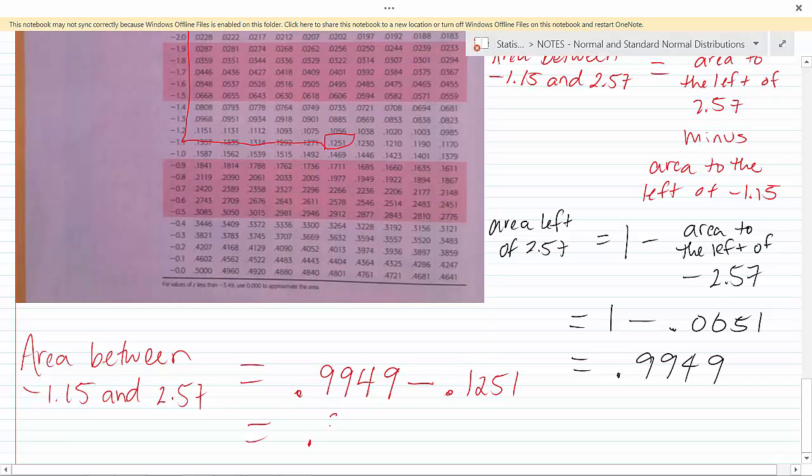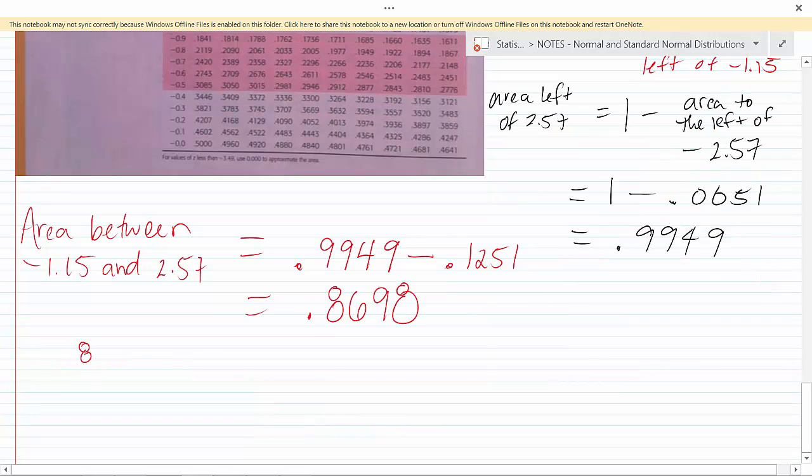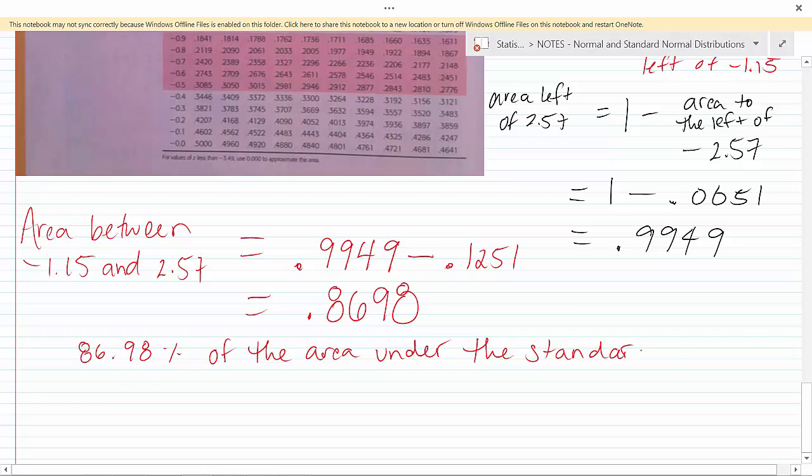And I get 0.8698. So 86.98% of the area under the curve, and this is under the standard normal curve, is between negative 1.15 and 2.57.